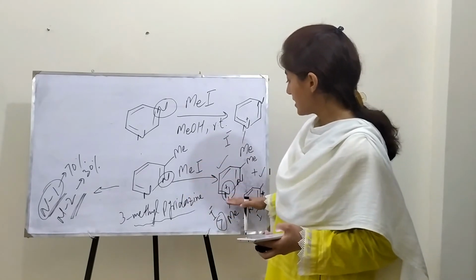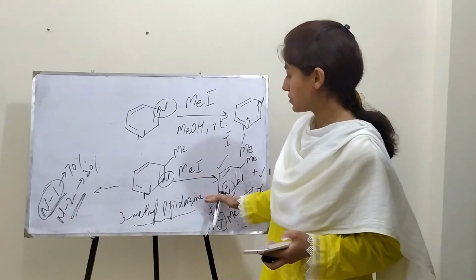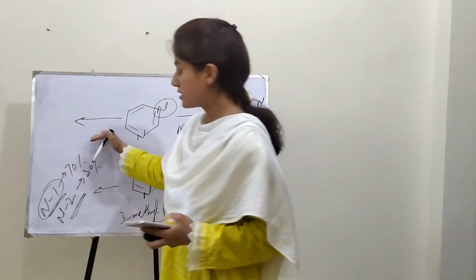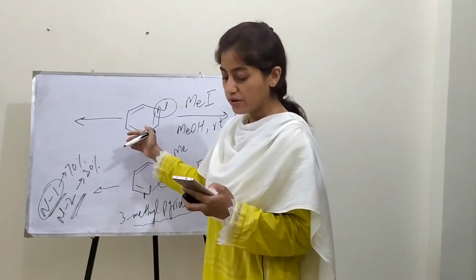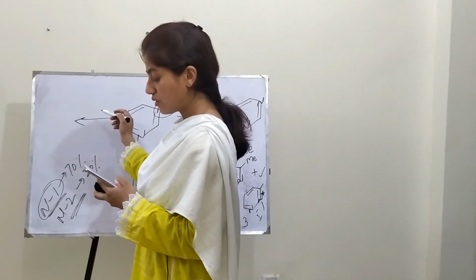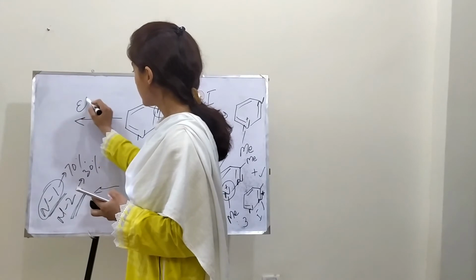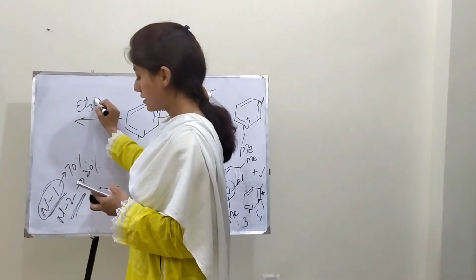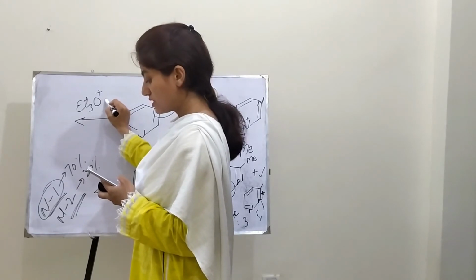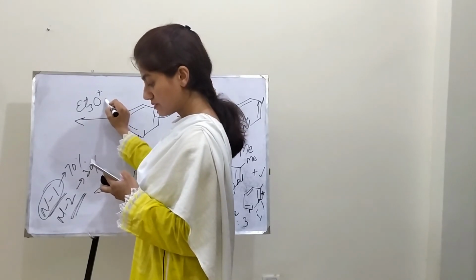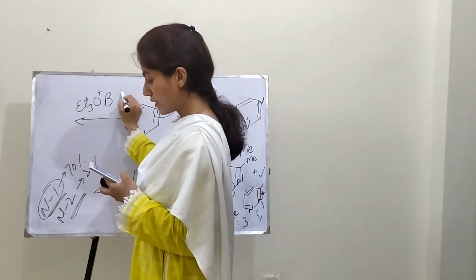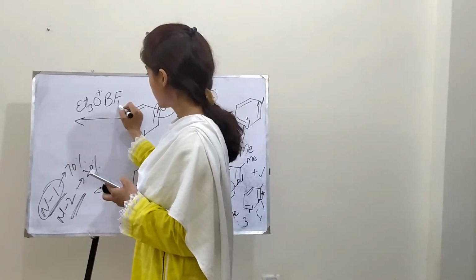So these are the cases where only monosubstituted product is formed. But there is an exceptional case also where a more reactive trialkyl oxonium, this is trialkyl oxonium boron tetrafluoride or tetrafluoroborates, BF4 negative.